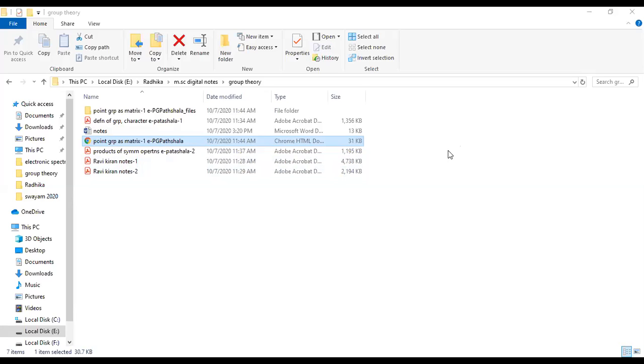Or can you tell which point group water belongs to? I think this is the easiest question. Yes, tell me. Water belongs to C2v.